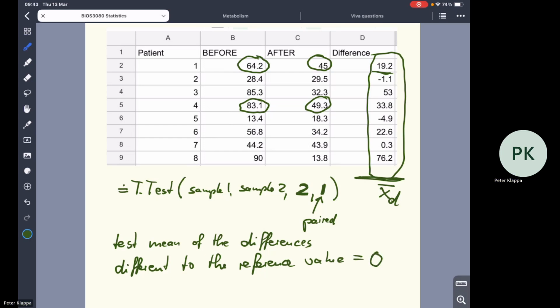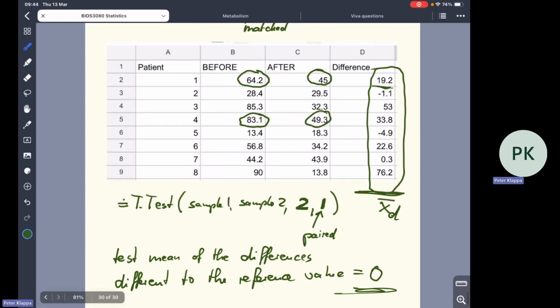So here we have another reference value, and we set this reference value to 0, which means there's no difference. Yeah? So the reference value is 0.